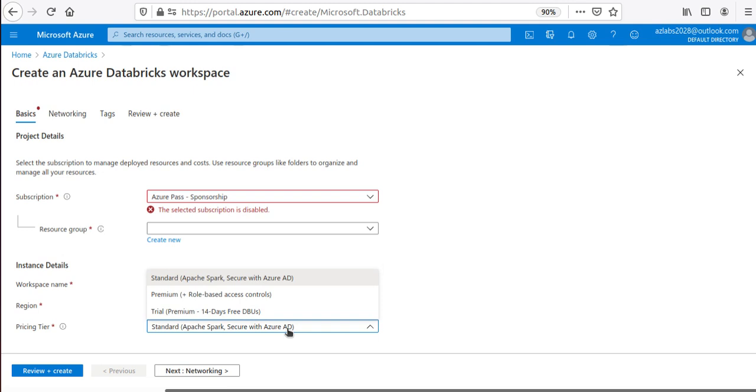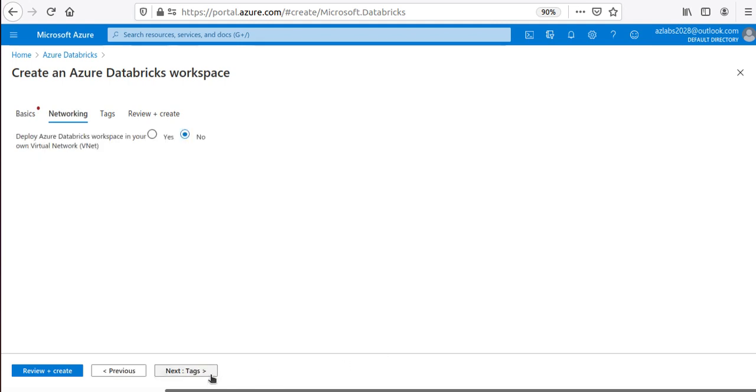And right now there are 3 different pricing tiers that are available. You can go with a premium tier, 14-day free DBU tier. You can go with a premium tier with role-based access control. You can go with a standard tier where you have Apache Spark secured with Azure AD, and you would have to do the networking in your own virtual network, and you have to figure that out.